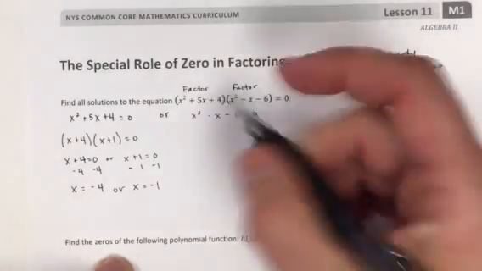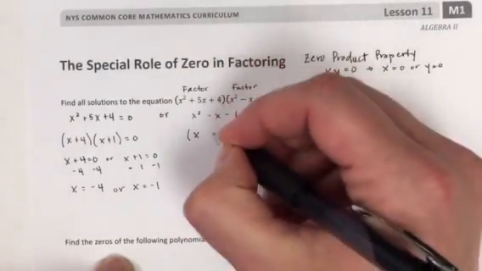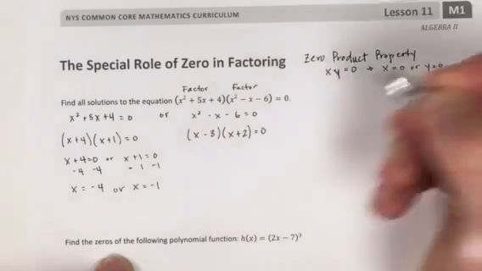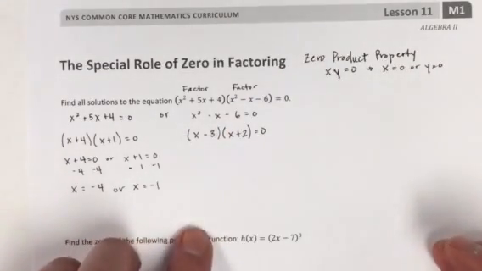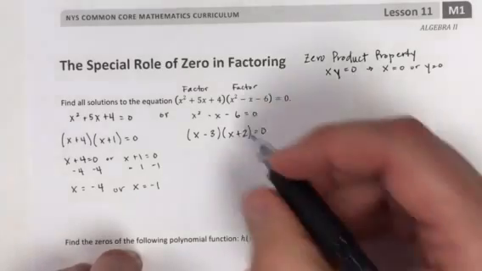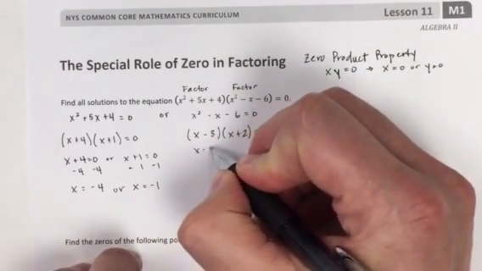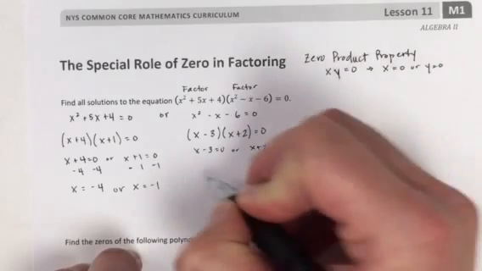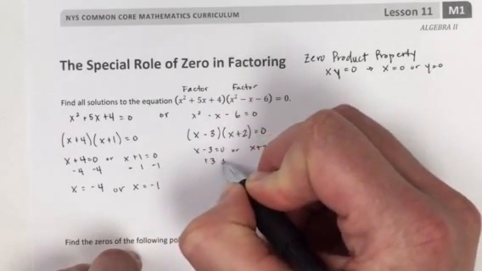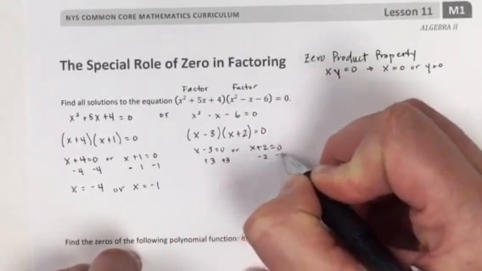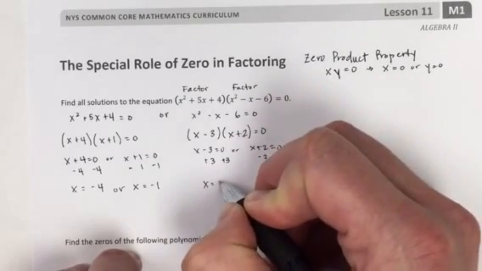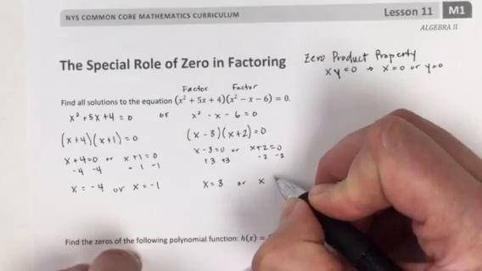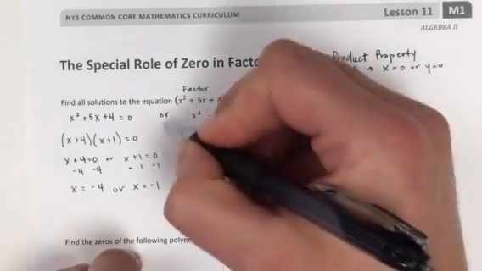And we can do the same thing for the other side. So x minus 3, x plus 2. As you can see, knowing how to factor is becoming really, really important for us. And so I have x minus 3 is equal to 0, or x plus 2 equal to 0. I add 3 to both sides, and so x is equal to positive 3, or x is equal to negative 2.